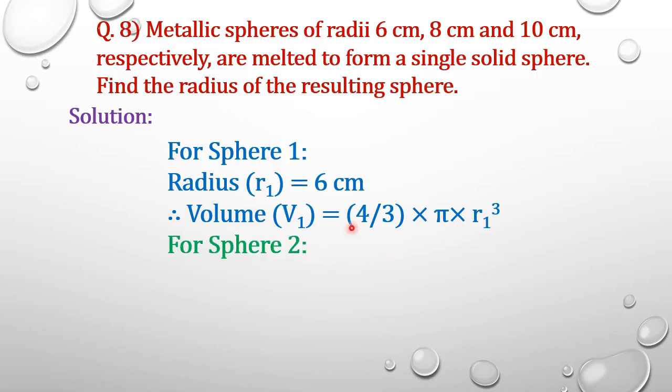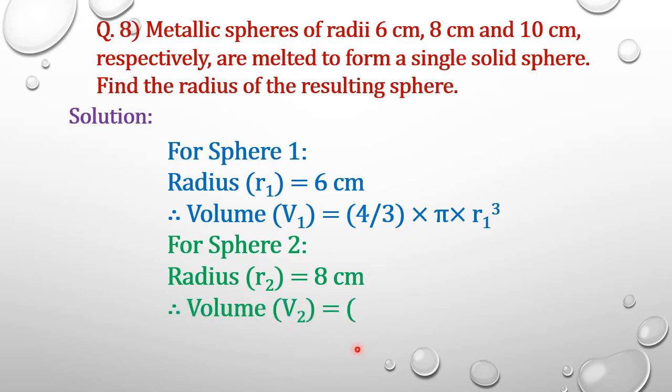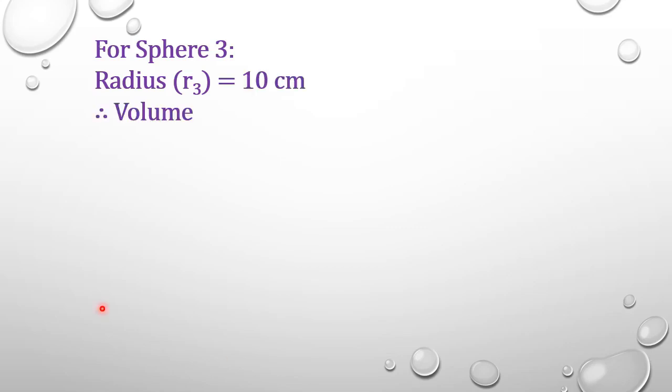For sphere 2, radius r2 is equal to 8 centimeter. Therefore, volume V2 is equal to 4 by 3 into pi into r2 cube. For sphere 3, radius r3 is equal to 10 centimeter. Therefore, volume V3 is equal to 4 by 3 into pi into r3 cube.